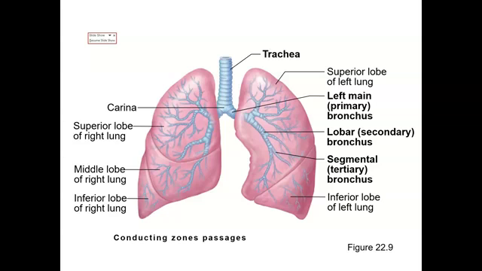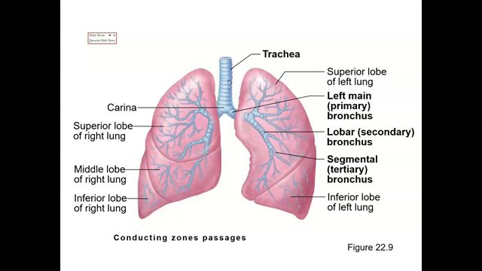Now the right one here is kind of flatter, and if you inhale something accidentally, chances are it will get stuck in our right bronchus rather than the left. The left is a bit steeper.